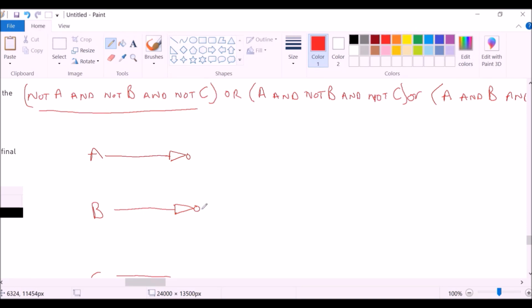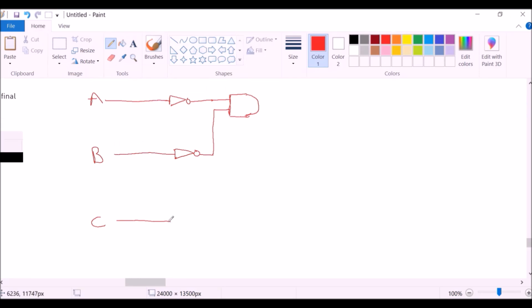Then we have not A being connected to not B to an AND gate. Then we include and not C. So the output of not A and not B will be connected to not C through an AND gate.